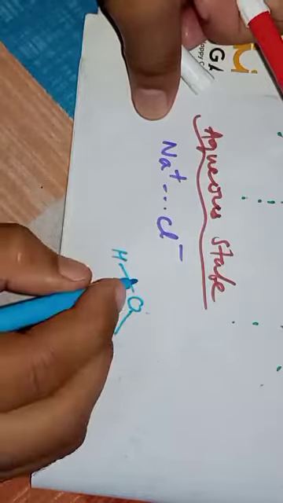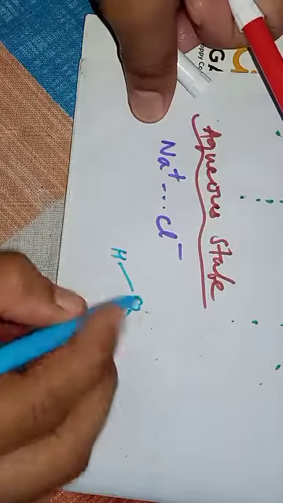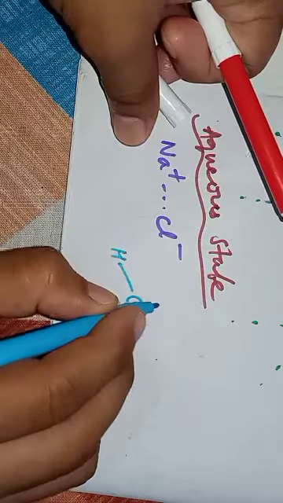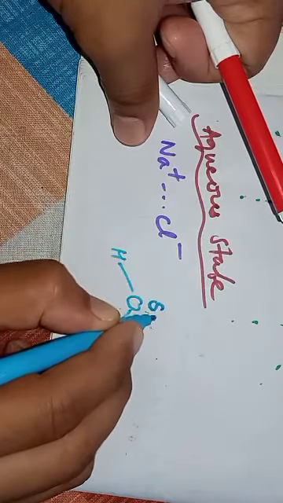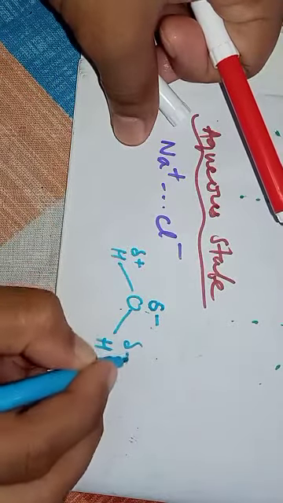Due to the high electronegativity difference which I taught you in chapter 2, water is a polar covalent compound. That is why the oxygen atom will have a slight negative charge, and the hydrogen atoms will have a slight positive charge.